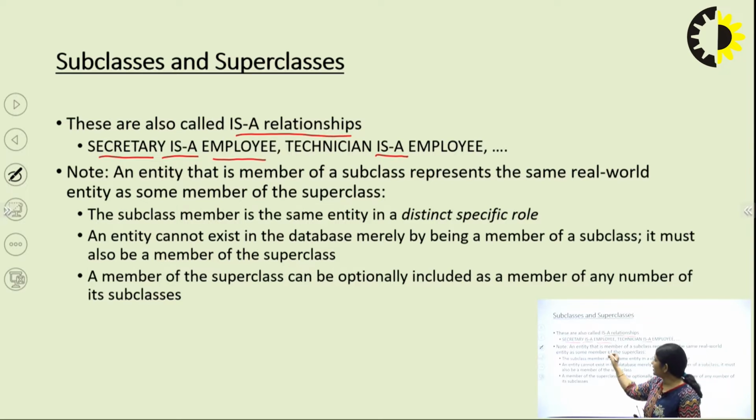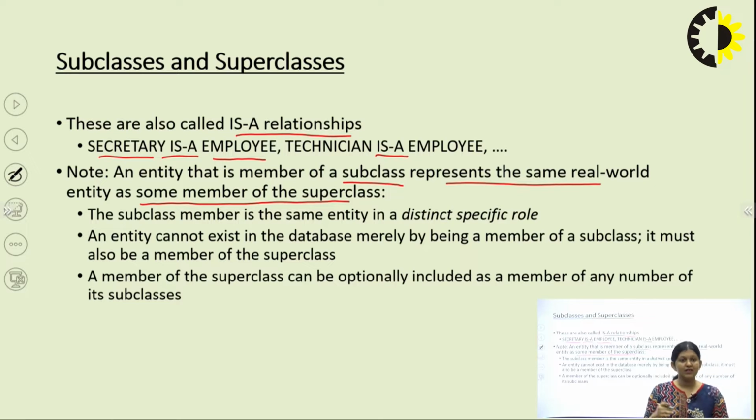Note, an entity that is a member of a subclass represents the same real world entity as some member of the superclass. Let's discuss this: any member of the subclass would also be a member of the superclass, but it's not necessarily vice versa.